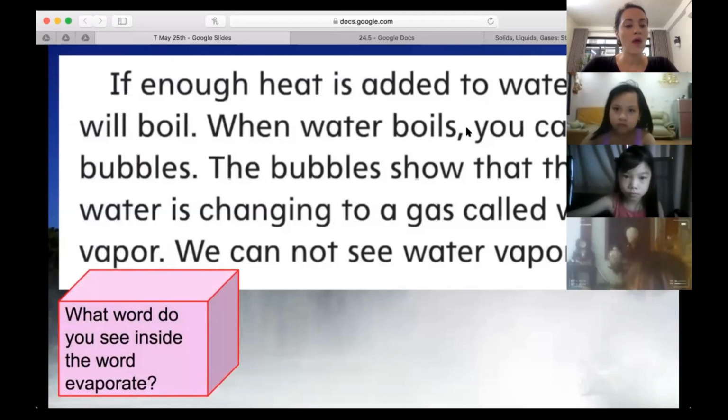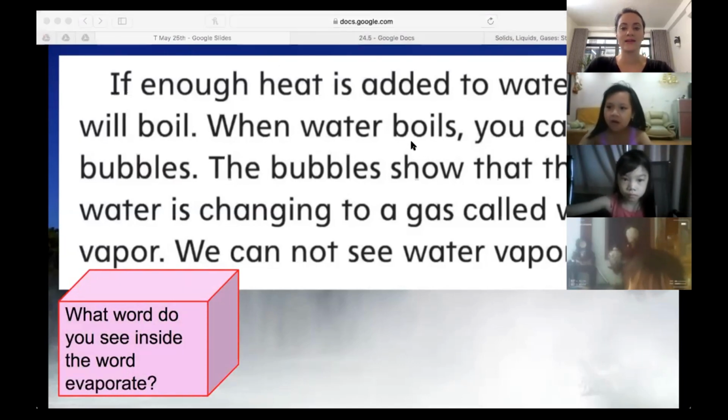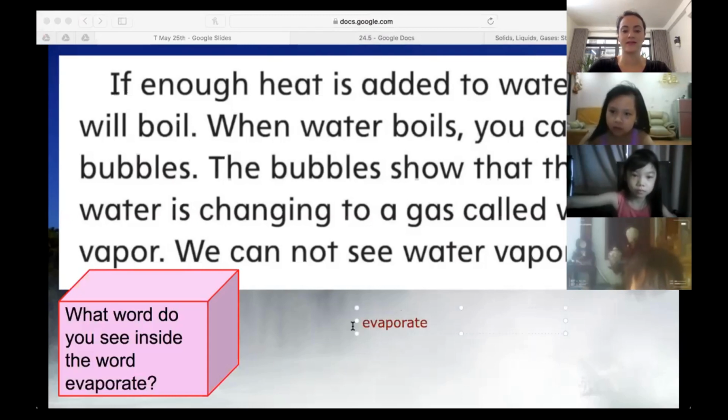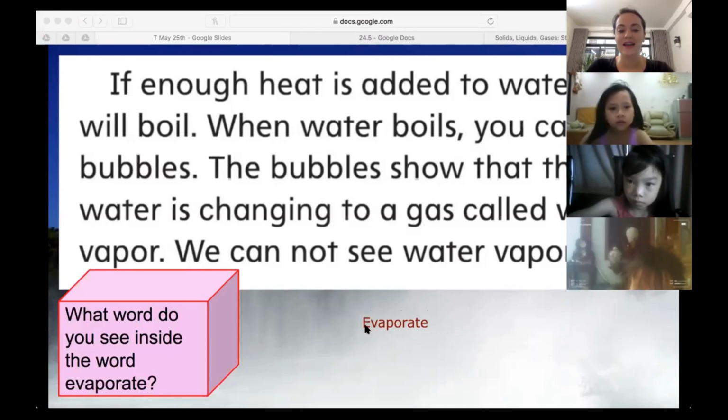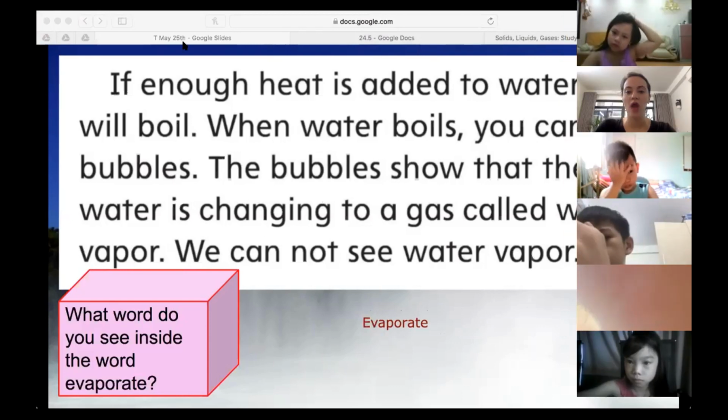So, what word do you see inside the word evaporate? I'll write it here. Evaporate. What word do you see inside of it? There's a word inside evaporate that you know. Sino?